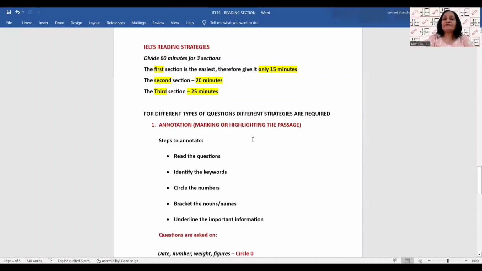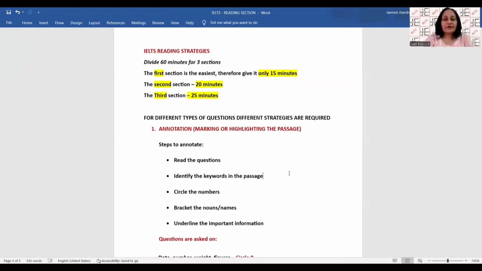Now, for different types of questions, different strategies are required. So, first one is annotation. What is meant by annotation? Annotation means highlighting important keywords in the passage. Now, these can be done through different means. How can you do it to make it easier for you and which you can get at a quick glance?